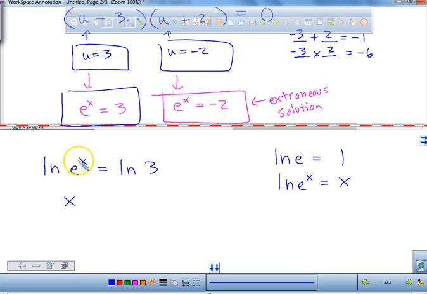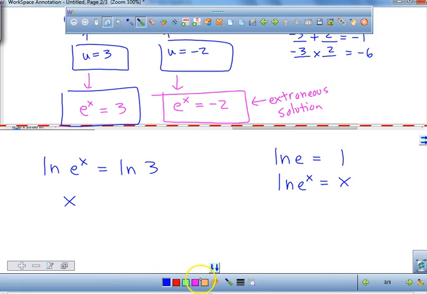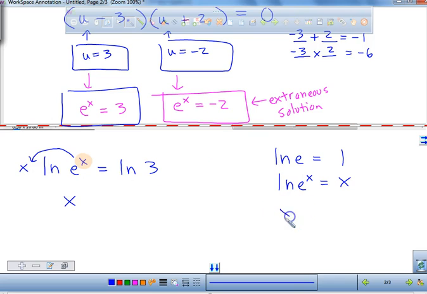Do you remember the power property? Whenever you're dealing with a logarithm, you're allowed to bring the power down in front.